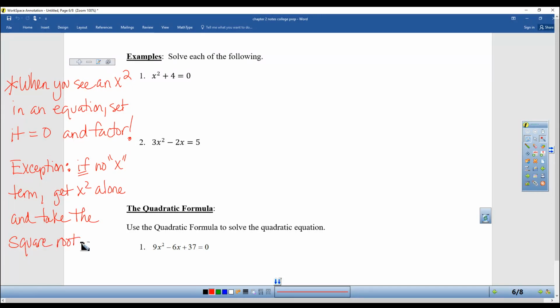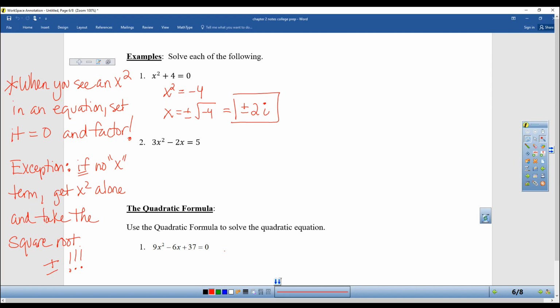Little algebra 2 here. So I see an x squared in my equation. It's already set equal to 0, but first of all, I can't factor it. And second of all, I can get the x squared alone. So I can write x squared is equal to negative 4, and then I take the square root. x is equal to, don't forget your plus or minus, the square root of negative 4, which now we can write as plus or minus 2i.